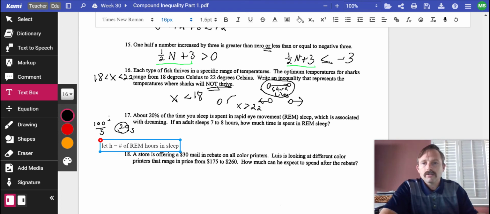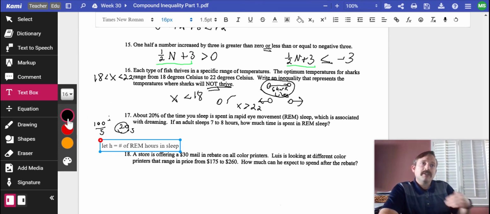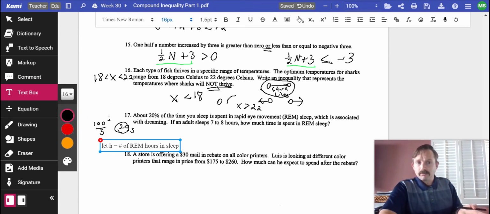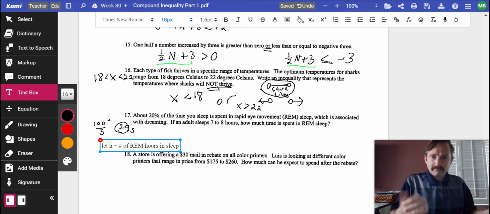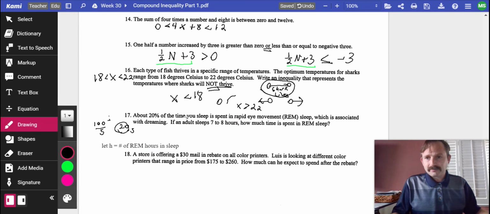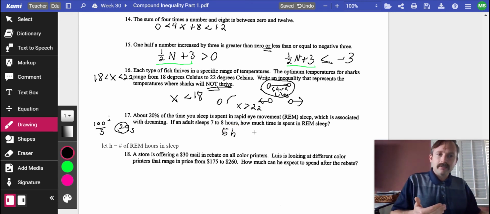Okay, so if we're going to sleep 100 hours, then 20 times 5 would give us that 100 hours of total sleeping. Now we understand that 5 times H would equal 8 or 7.